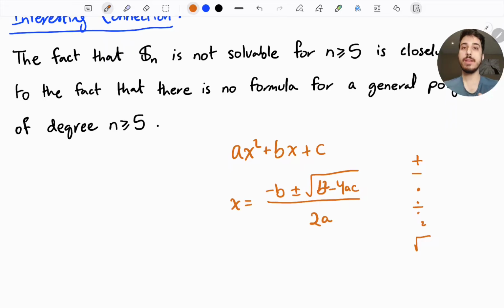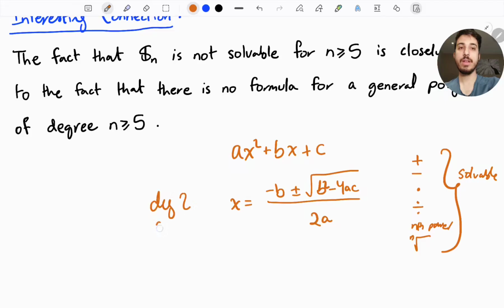So if you can come up with a formula using these elementary operations, squaring, cubing, taking the nth power, or taking the nth root, then this polynomial is solvable. So degree 2 polynomials are solvable. Degree 3 and degree 4 also have their own formulas. The formulas are a bit long, so I will not be writing them here, but they were found.